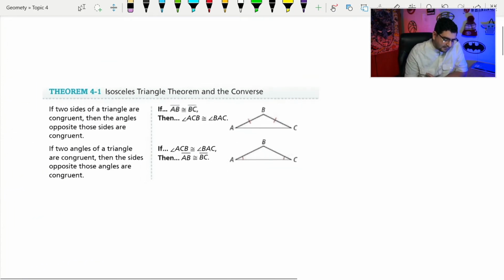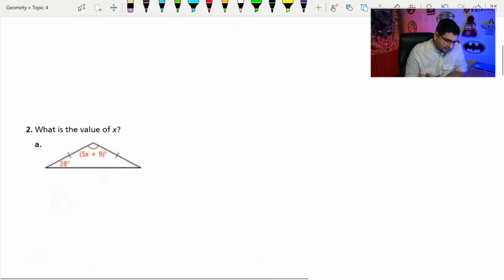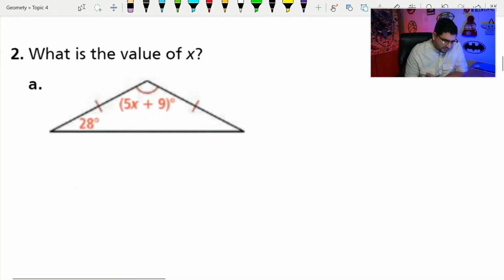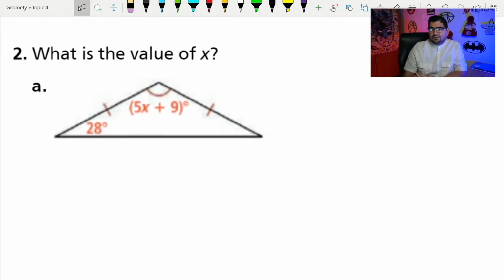Let's take a look at a problem that's pretty typical to find in a geometry class. They want to know what's the value of x. We can tell that this is an isosceles triangle because we have these two sides that are congruent to each other, which means these two sides are equal.